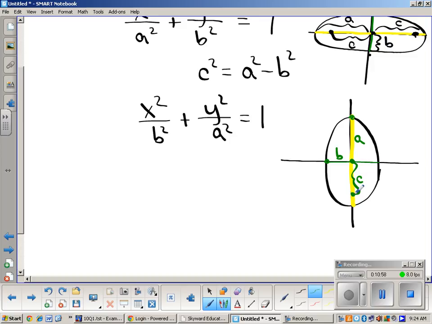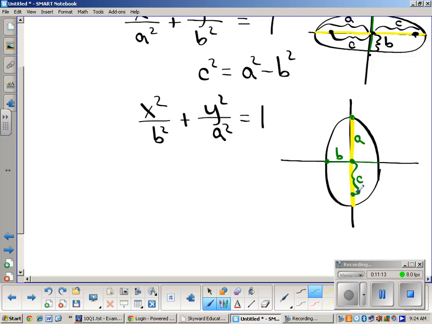Any questions on that? Yes. How do you know which formula to use, whether it's x squared over A or x squared over B?